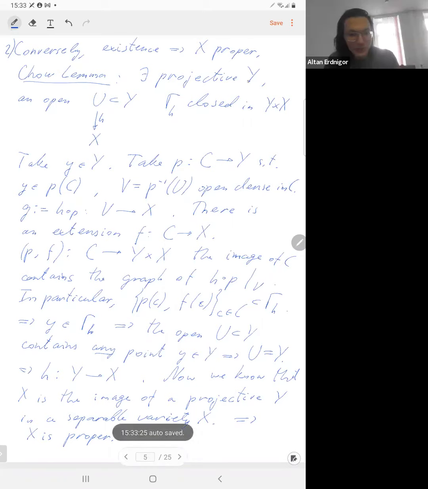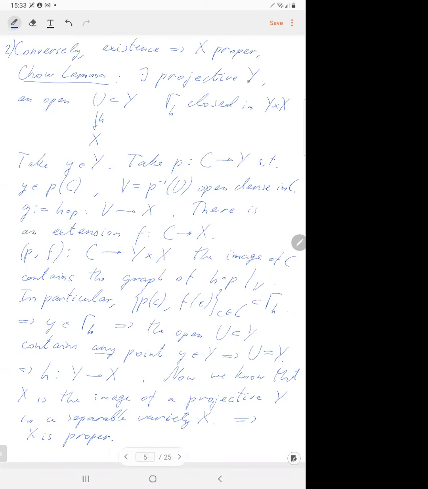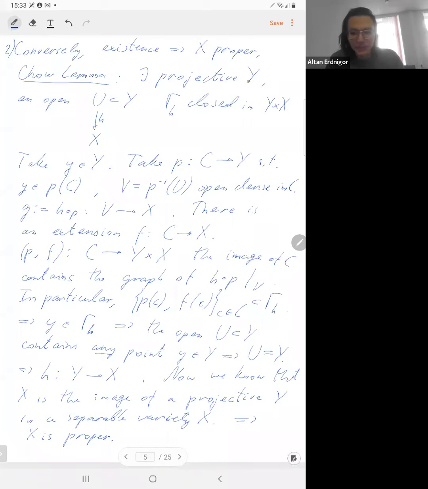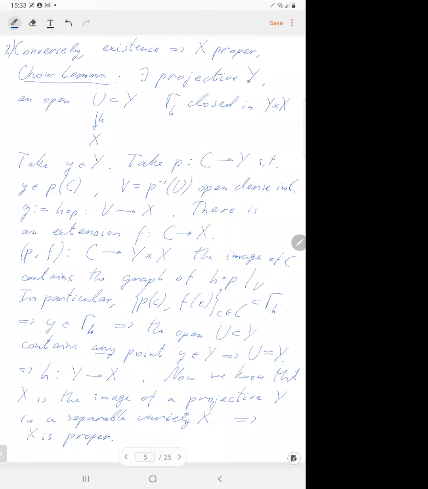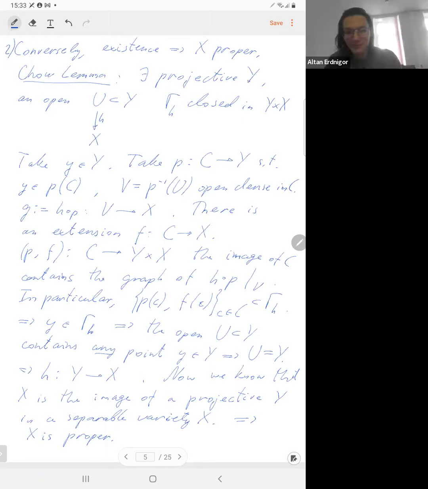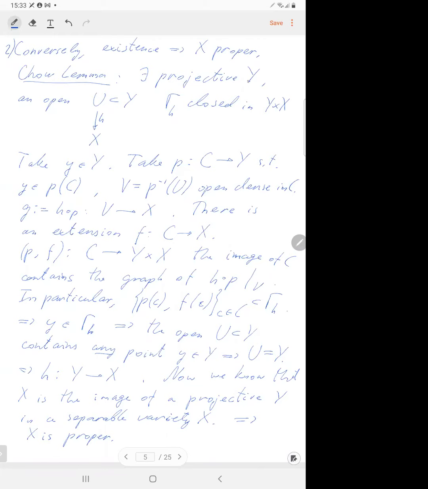Okay. And could you please just recall the statement of the Chow lemma? Because I thought that we could apply it only to already proper varieties. It's not the Chow lemma itself. Chow lemma said that given a proper variety, which we don't know, you see, we don't know that X is proper, so we cannot apply Chow lemma. It's only a step in its proof. And well, if you go back to some November lectures, you will see this step there, and we're just reproducing it from there. Okay.